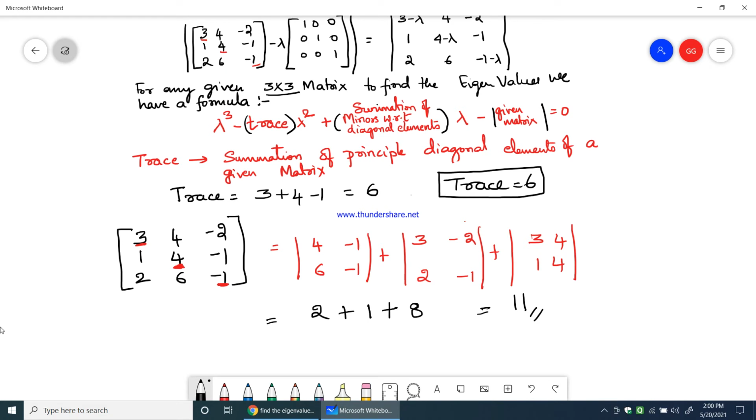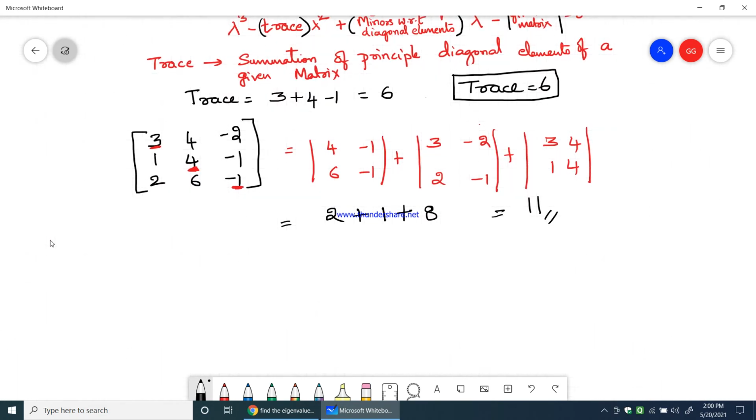Now finally we'll see what is the determinant of this matrix, which would be equal to 3 into minus 4 plus 6, minus 4 into 1 into minus 1 minus 1, minus of minus 1 into 2 plus 2, minus 1 plus 2.